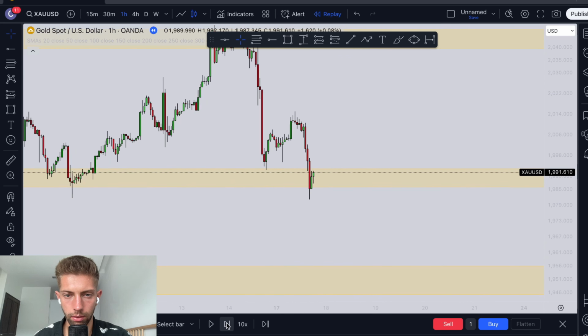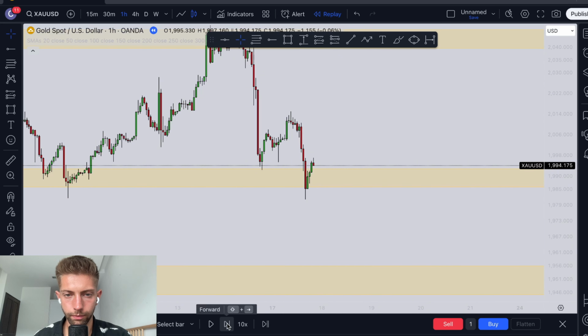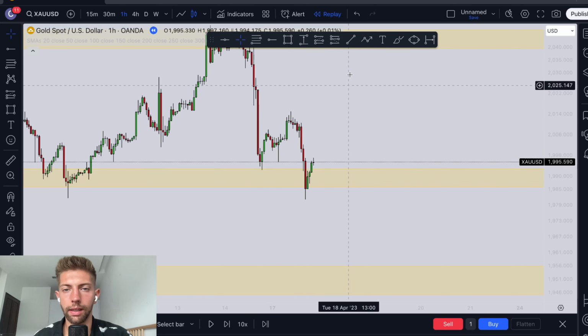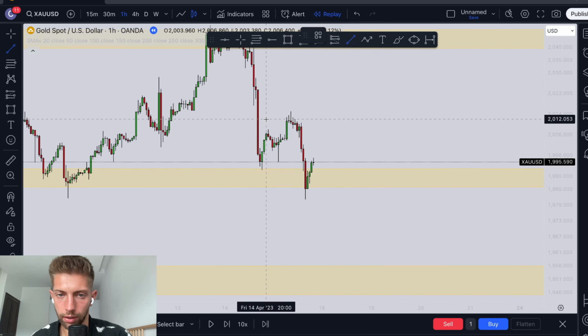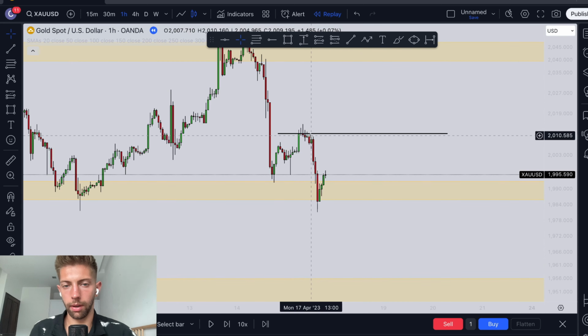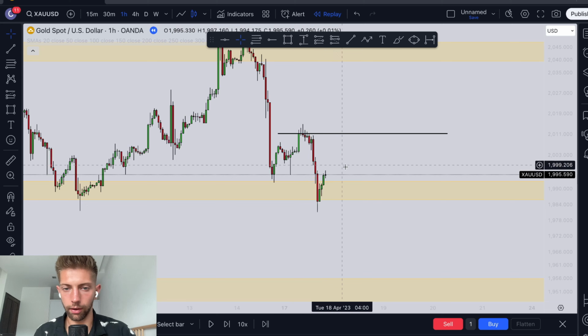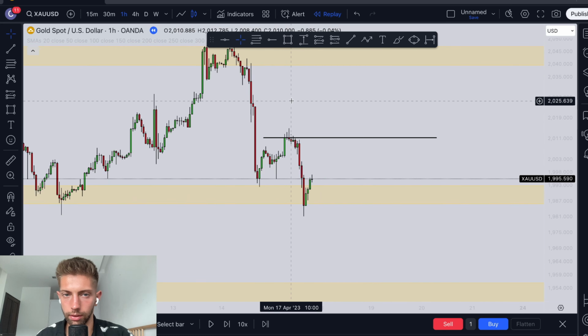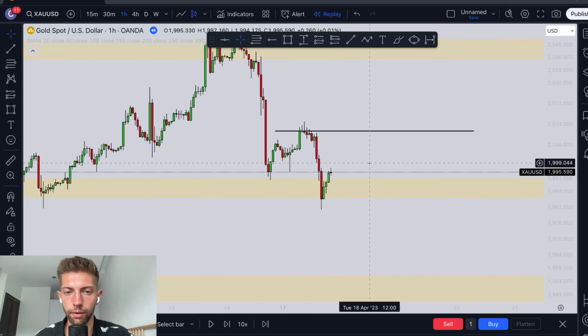What I want to see at this point is breakout structure on lower time frame, which will be right here. So I have everything set right now, but I need to see the breakout structure, because right now at this point price is looking a little bit more bearish on this specific time frame.